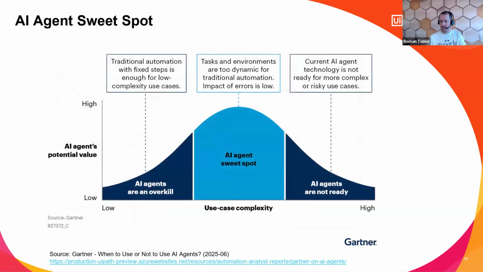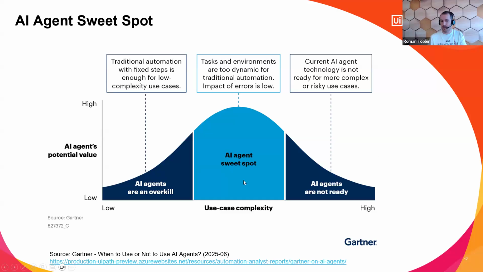Then this is the same source we had earlier, the assessment framework by Gartner. This is, of course, for AI agents, finding the sweet spot. The question we had was about where the RPA sweet spot is. Maybe to a degree.